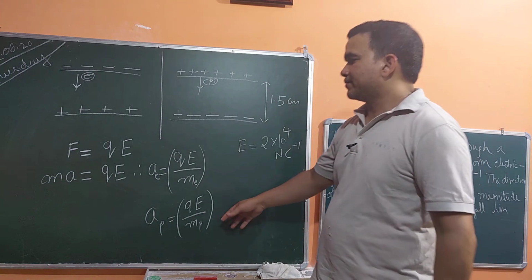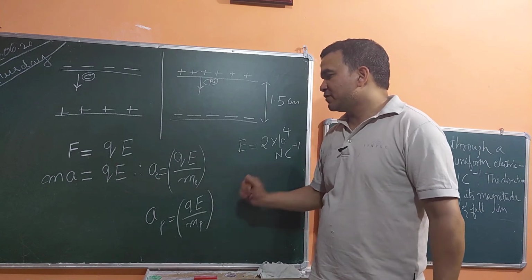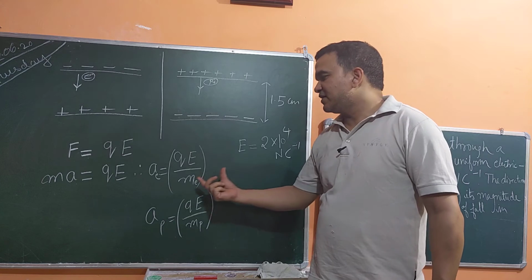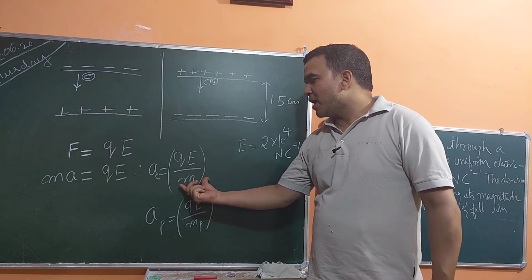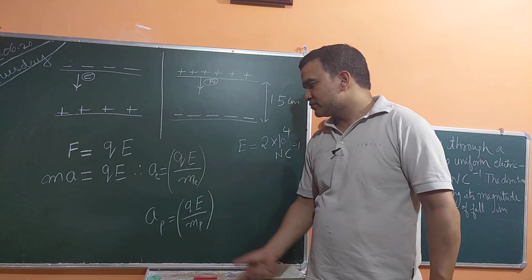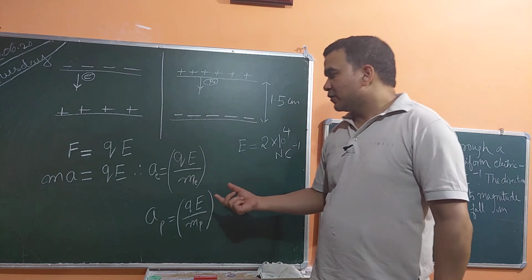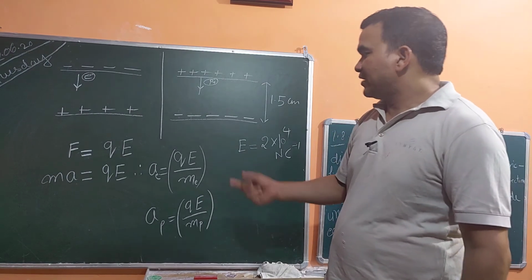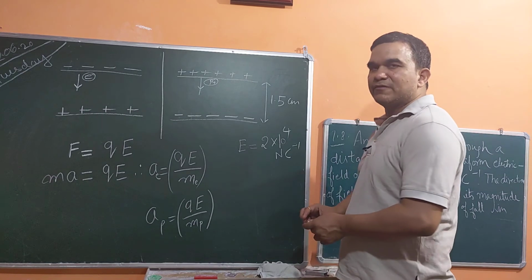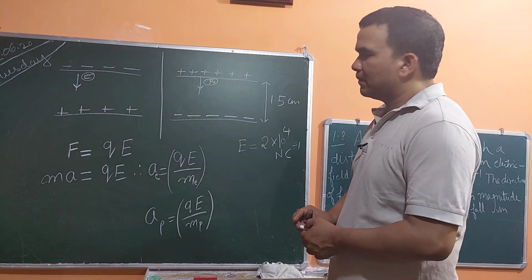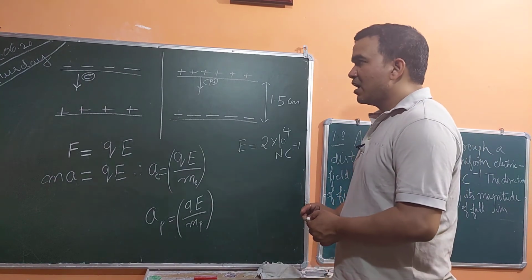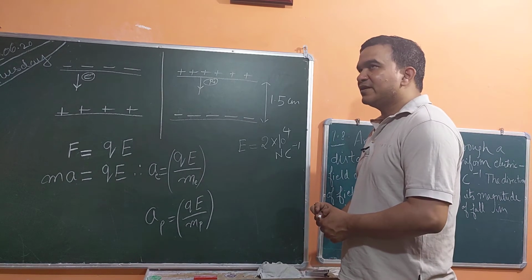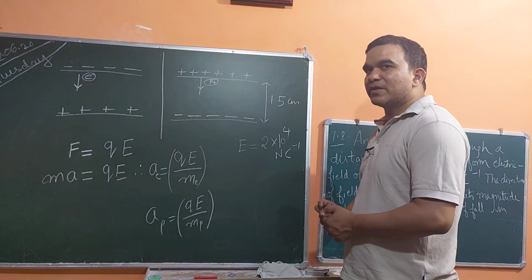If we compare these two equations, we can see that mass is in the denominator. The mass of electron is 9.1 into 10 to the power minus 31 kg, and mass of proton is 1.67 into 10 to the power minus 27 kg.